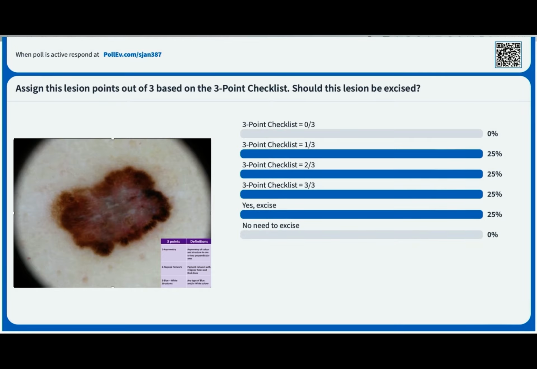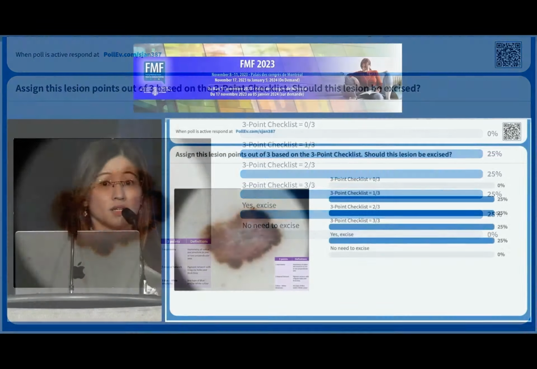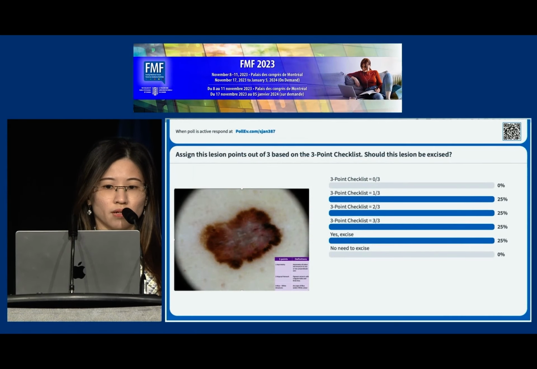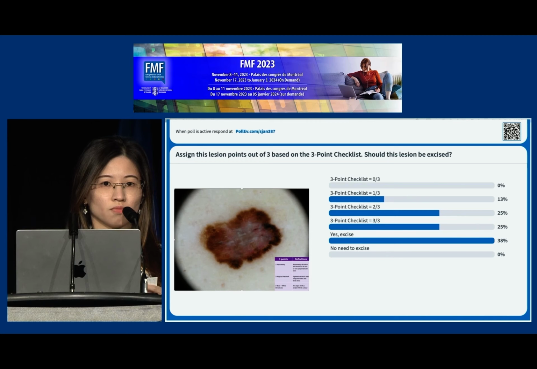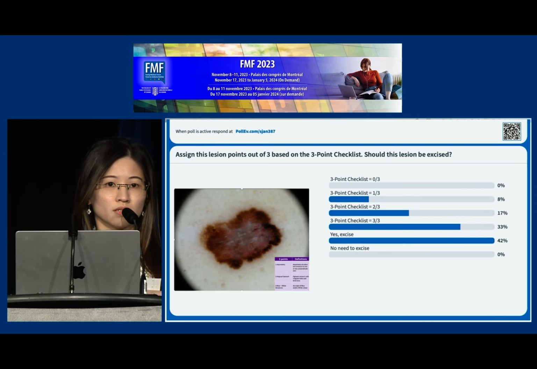I would say those are the 3 questions that you'll always be asking again and again and again. And just like Dr. John mentioned, the 3-point checklist is the most basic point system for you to get used to doing dermoscopy, but it is the most effective way and has probably the highest sensitivity.